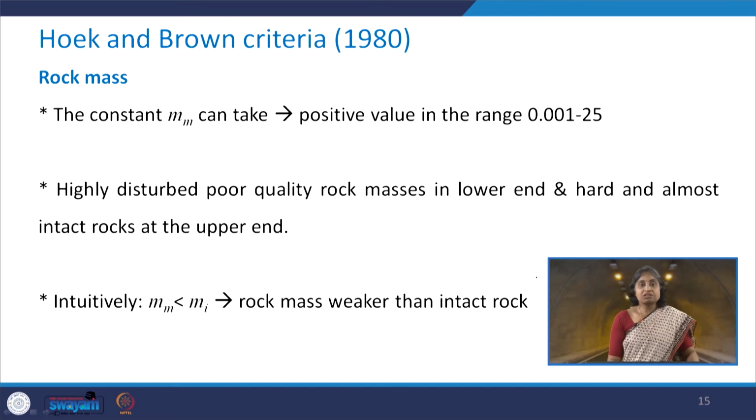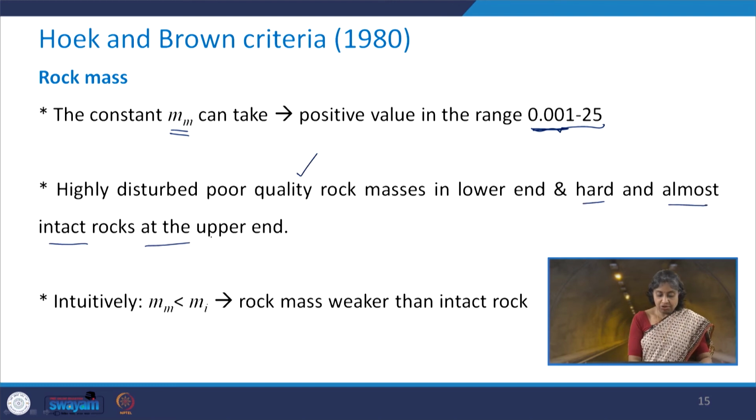Now, the constant m for rock mass can take a positive value which can vary in the range 0.001 to 25. The lower value represents highly disturbed poor quality rock mass, and hard and almost intact rocks will be at the upper end, that is 25.